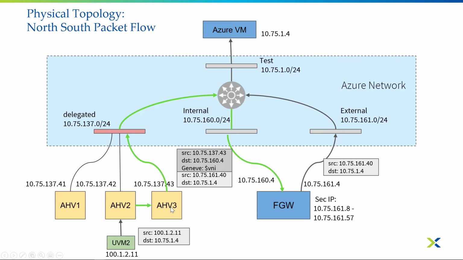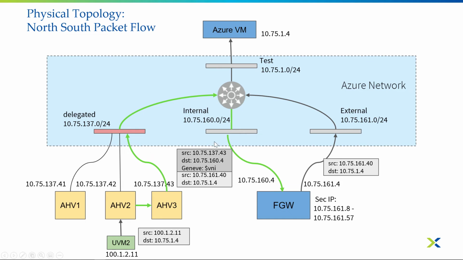It comes to this host, and then we encapsulate it in Geneve, where our source is going to be the actual HV host, and the destination is going to be our Flow Gateway on the internal NIC.